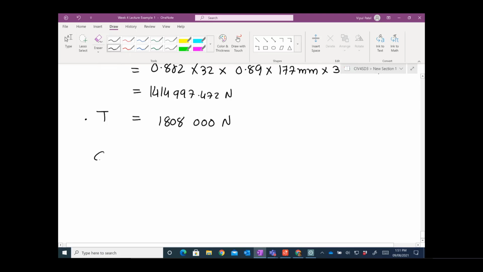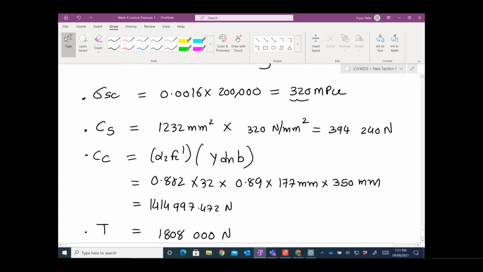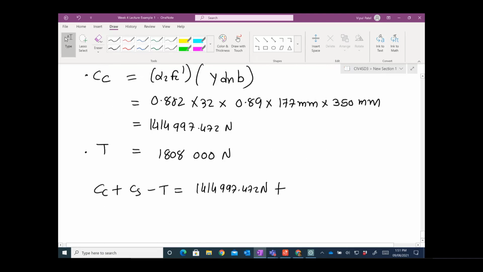That is CC plus CS minus T. So you have 1,399,472 newtons plus we got 394,240 newtons, take away this 1808000.